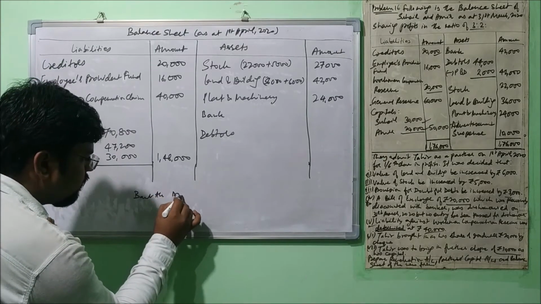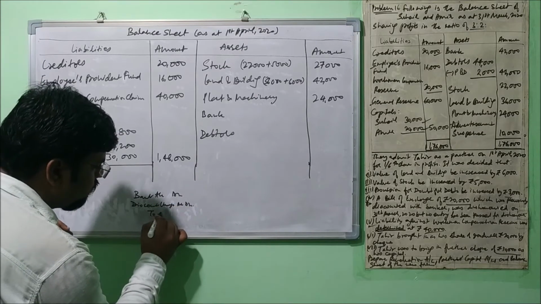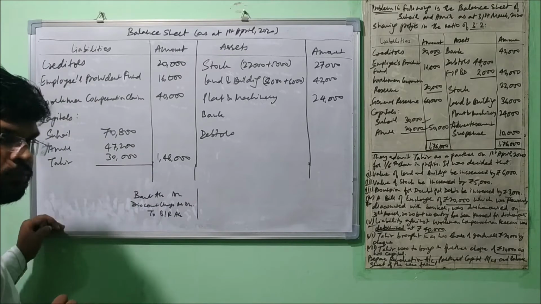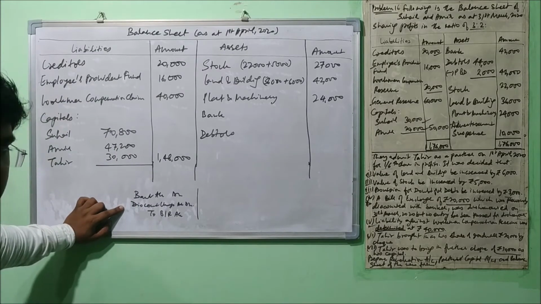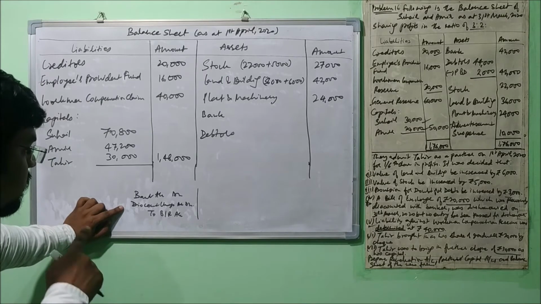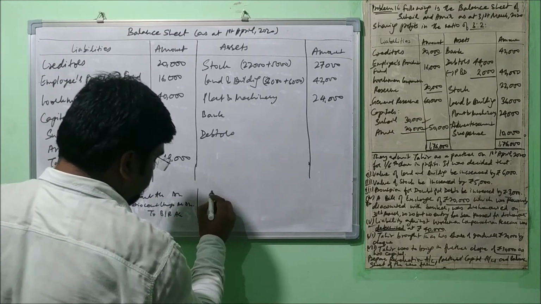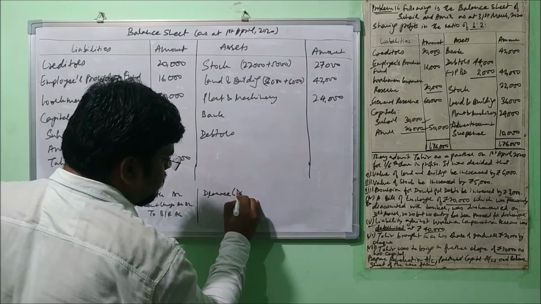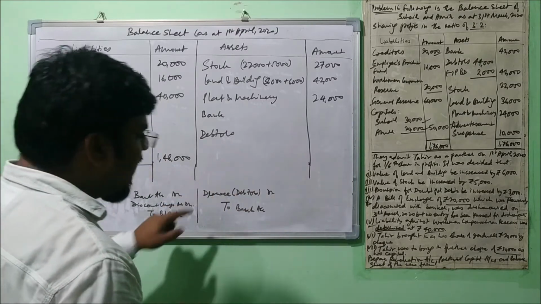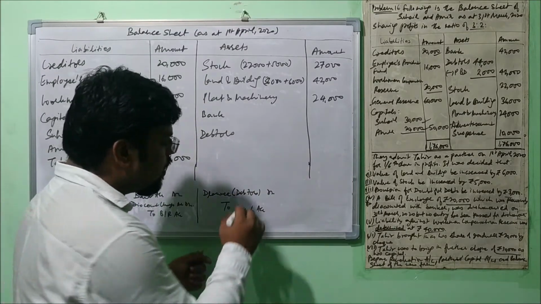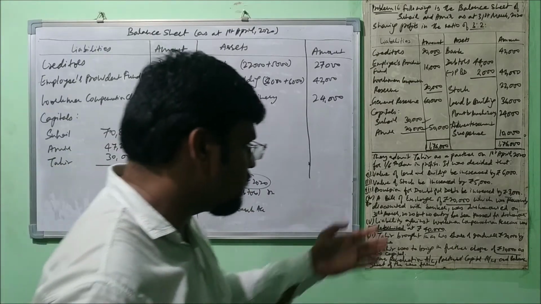Bank account debit, discount charges account debit, to bills receivable. So this entry is done when the bill is discounted from the bank. But if this bill gets dishonored, then what entry is supposed to be passed? Drawee, meaning debtors, debit to bank account. Now the same has happened on 31st March 2020. The bill was dishonored. Let's read it again.